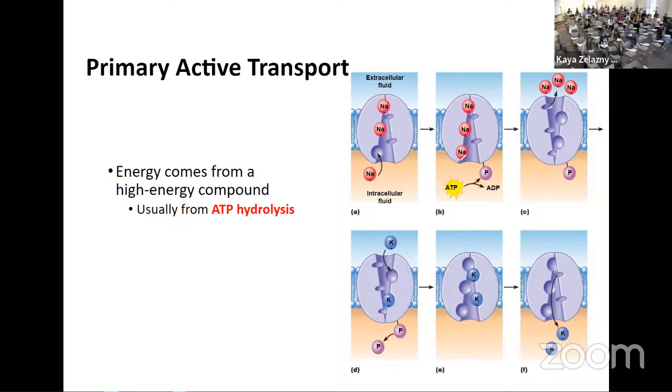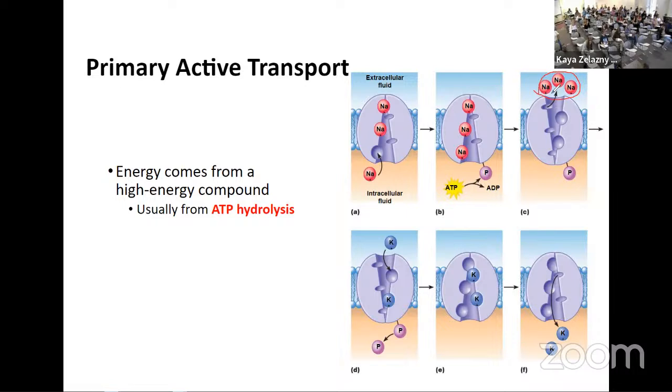So we put in the 3 sodium, and now we've broken down ATP for energy. At this point, this causes a conformation change, a shape change of that transmembrane protein, which puts sodium out into the extracellular fluid here. That sodium is released now, but we're not done.